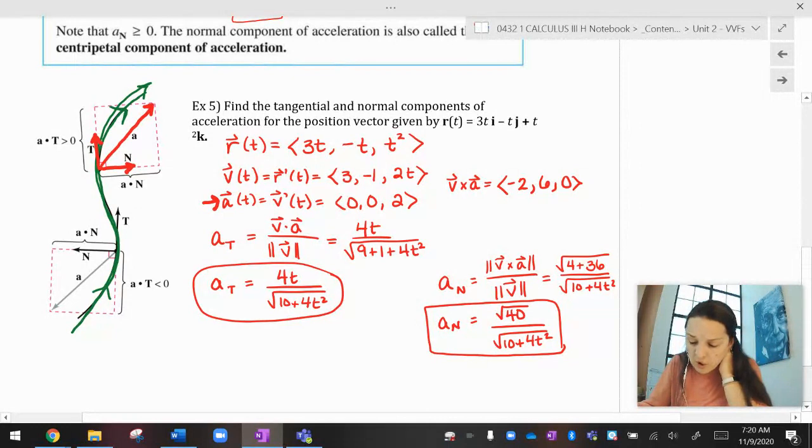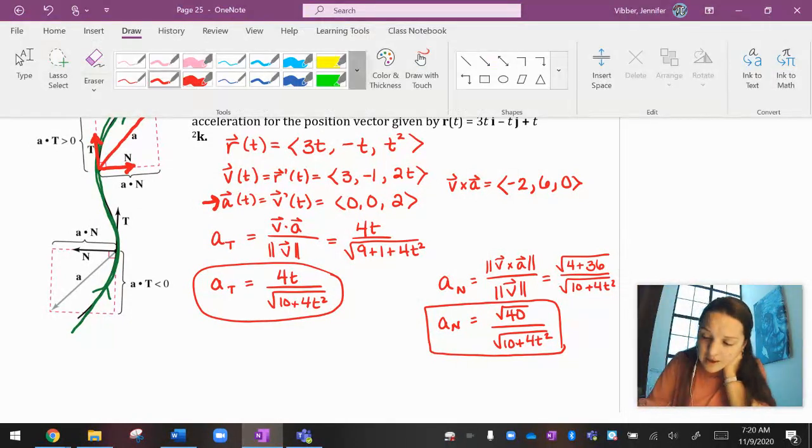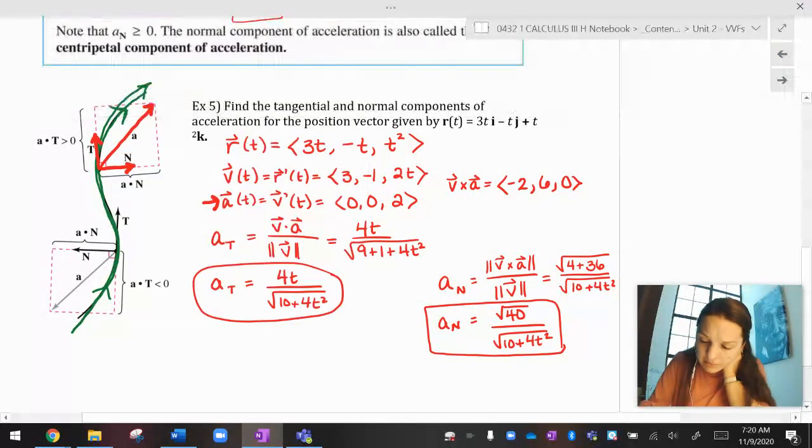And if I want to know the tangent and normal components of acceleration, what that's giving us is the length of this and that.